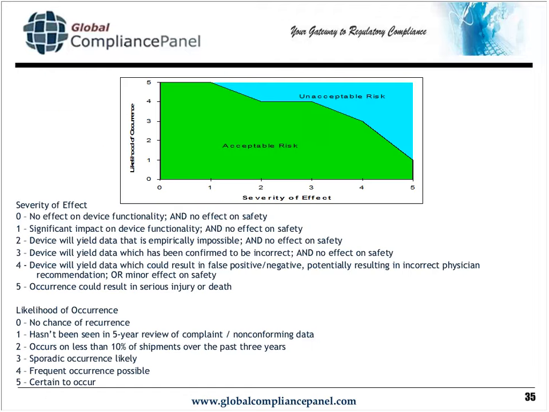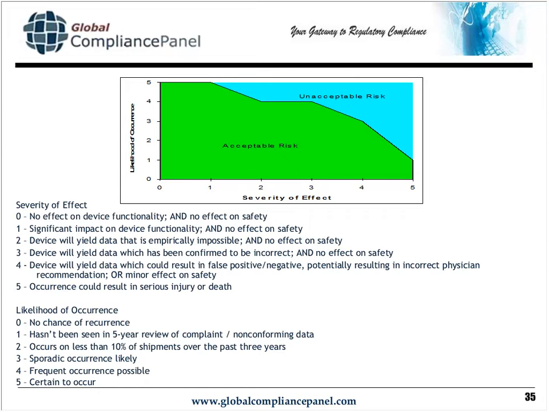This is a form that I've seen used in the past to determine whether you need to take field action. So you're determining risk by doing this on complaints, for example. You're graphing severity against likelihood. Using a 0-0 point here, this particular nonconformance has no effect on functionality and no effect on safety.